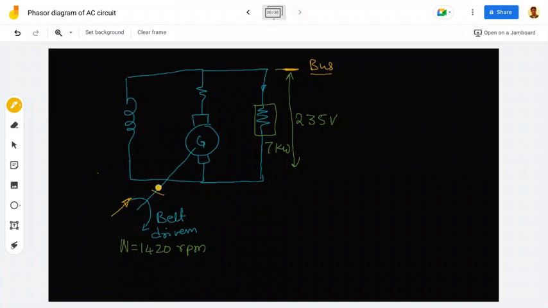If the mechanical input stops, then what happens? No longer is the mechanical input coming, so the generator will stop generating, and meanwhile it is connected to a bus of 235 volts, right? So the current will reverse. It will start taking some current and will start operating like a motor on no load.